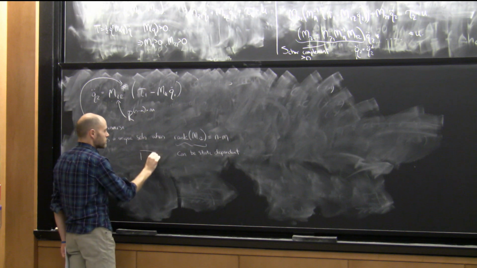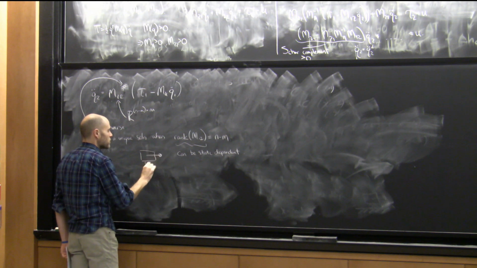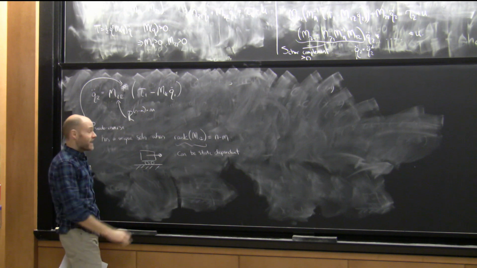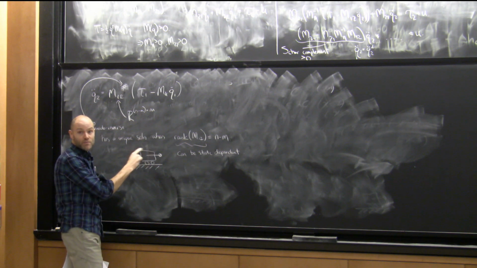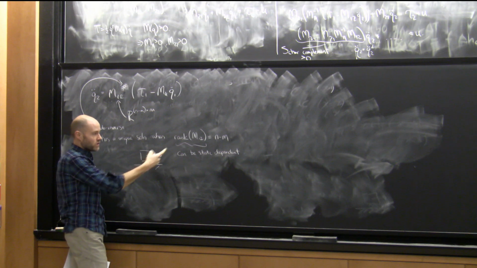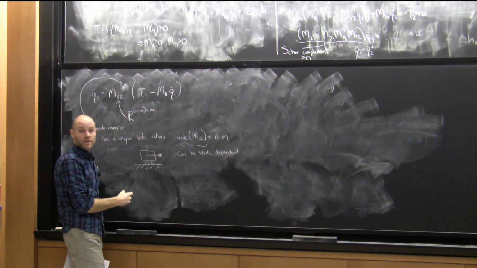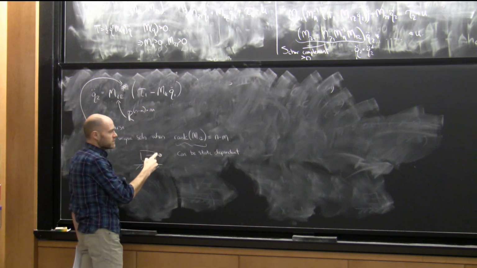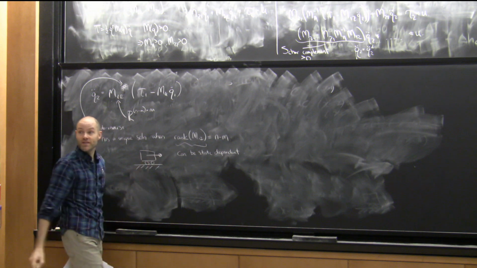For instance, the cart-pole, M12 is a scalar, and it's non-zero most of the time, but it goes to 0 here, which is equivalent to this thing dropping rank. It goes from rank 1, which is a scalar that is not 0, to rank 0 when it goes to there.